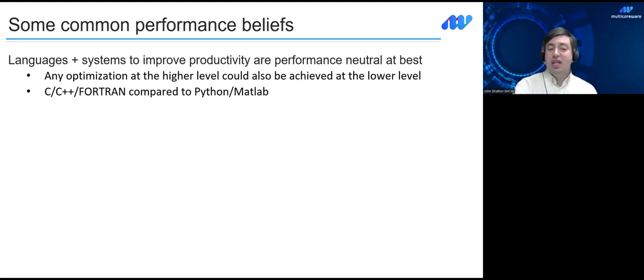Any optimization that you could do in Python or MATLAB could also be done in C or C++ or Fortran. So there should be no performance benefit of trying to go with a higher productivity approach or system overall. Common belief, reasonably justified, because obviously the peak performance should not be better when you get more productivity.